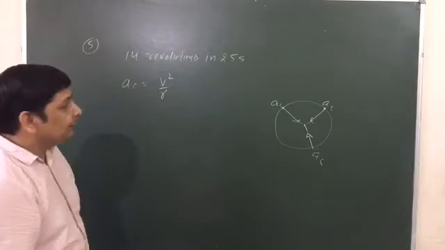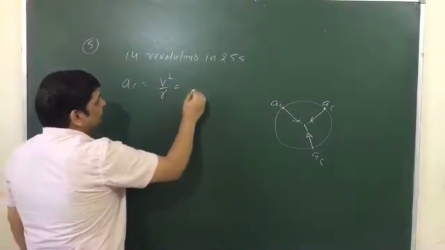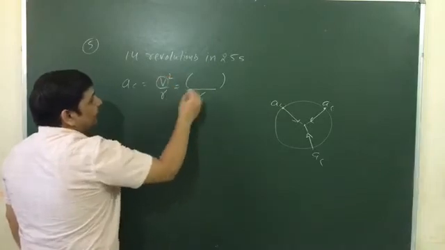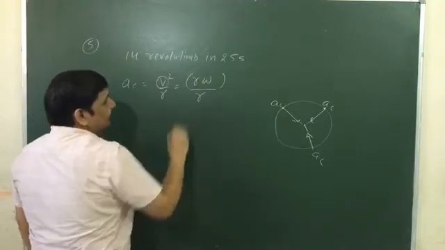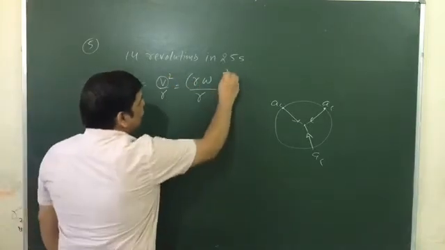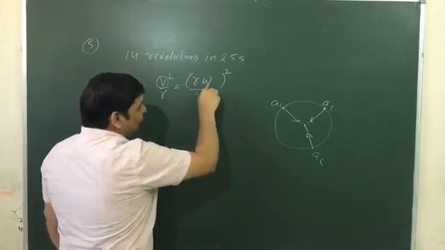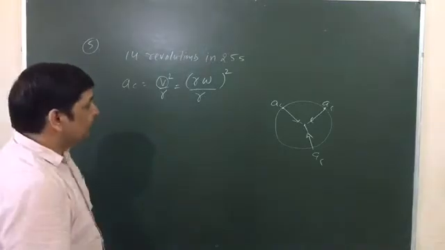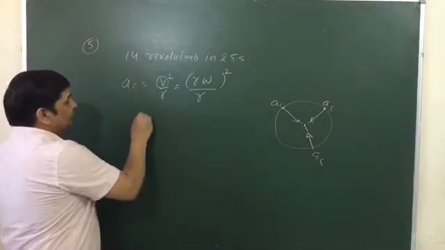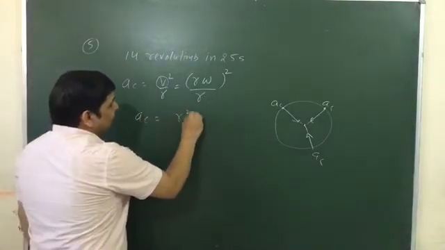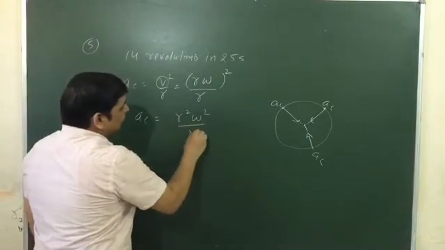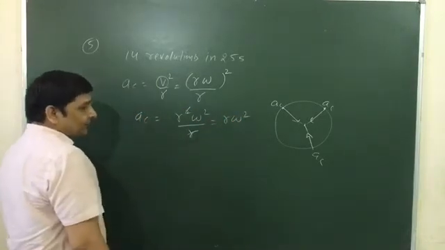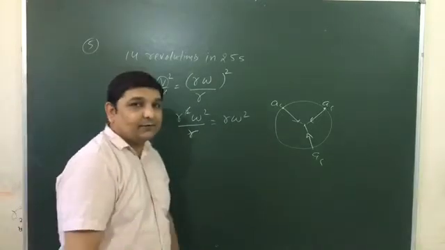In terms of omega, v is given by r omega, where r is radius and omega means angular frequency. So r square omega square by r, or we can use the direct formula r omega square.